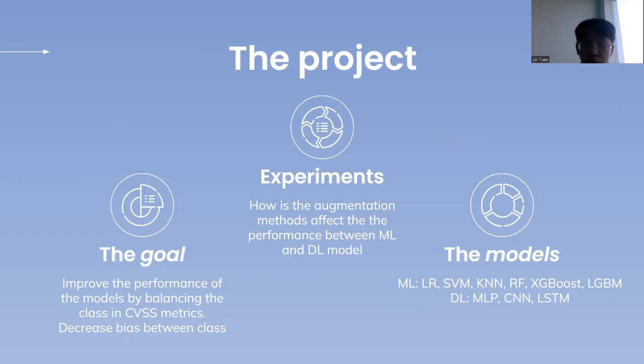In this project, we will build the following models. For machine learning, we will build logistic regression, support vector machine, k-nearest neighbors, random forest, XGBoost, and LGBM. For deep learning, we are building the MLP, the CNN, and lastly, the LSTM models.